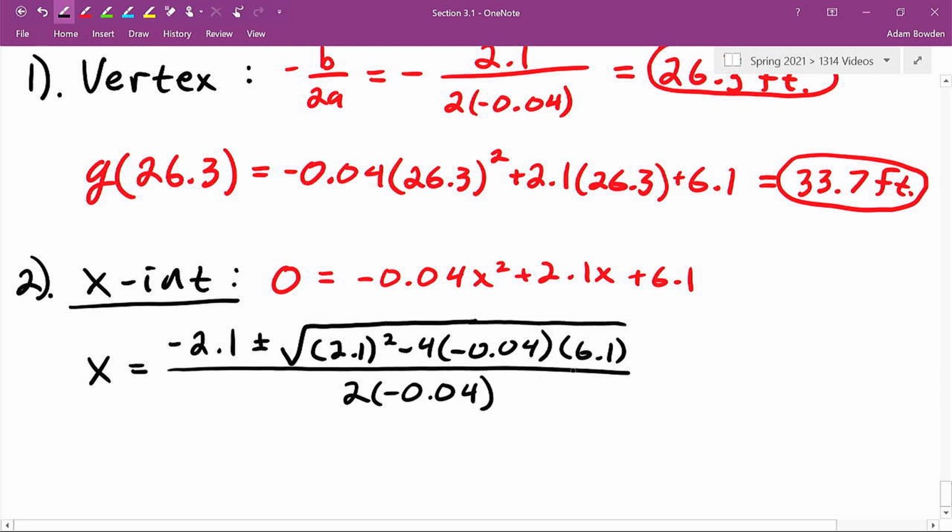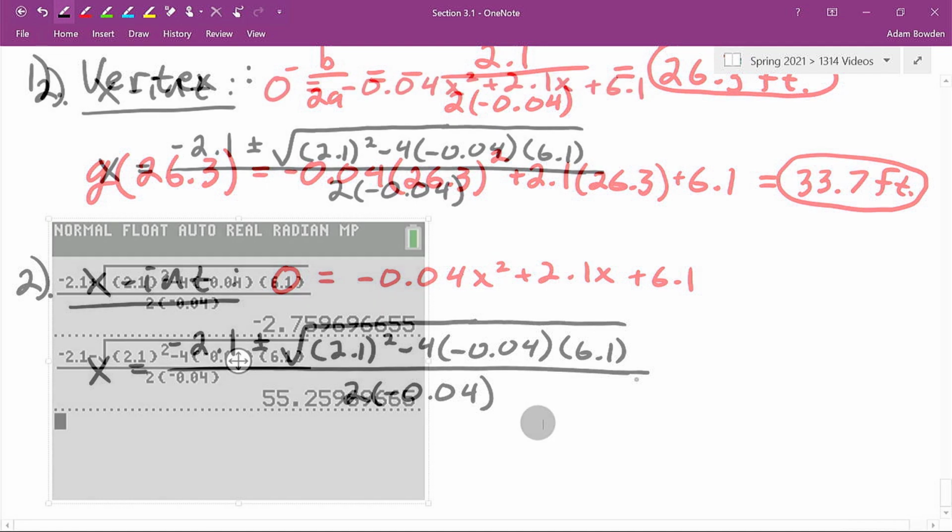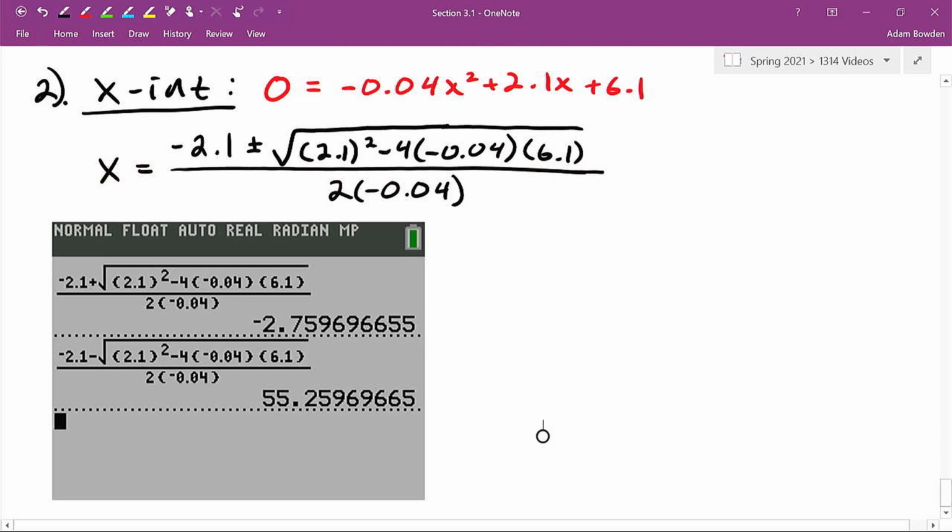Now this is quite a bit of number crunching, so we're just going to let the calculator handle it for us. Here's what it looks like when I plugged this into the calculator. I had to plug it in two different ways, one for plus and one for minus, because of the plus or minus in the quadratic formula. You can see how it was entered and the two different values that were received.